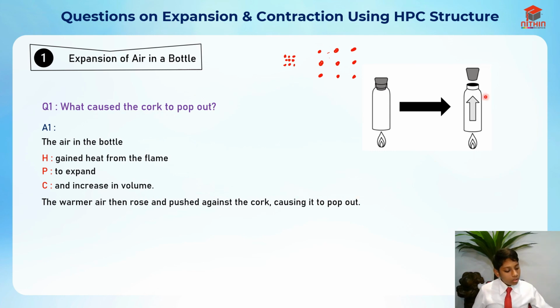Basically, there's water vapor inside, which is just normal. This water vapor gained heat from the flame, then it rose, and then it pushed against the cork, and then it popped out. This is how it happens.